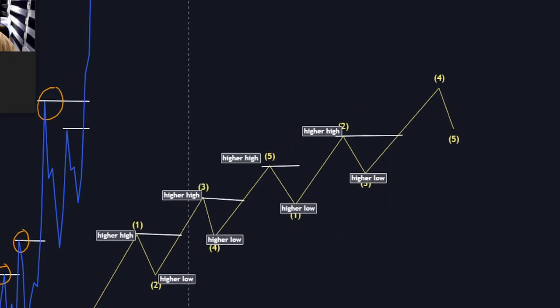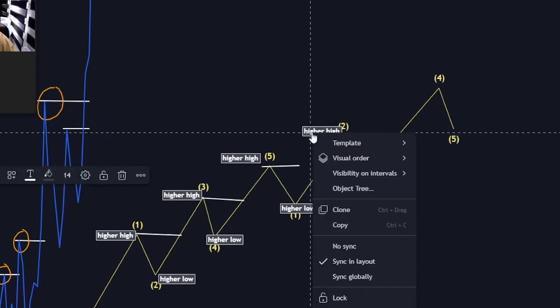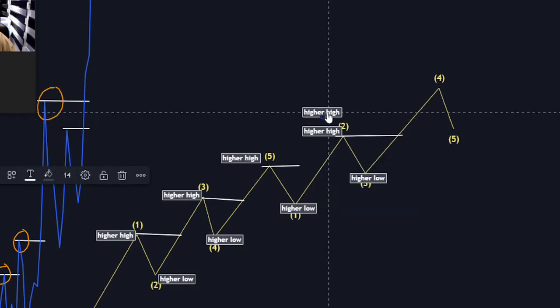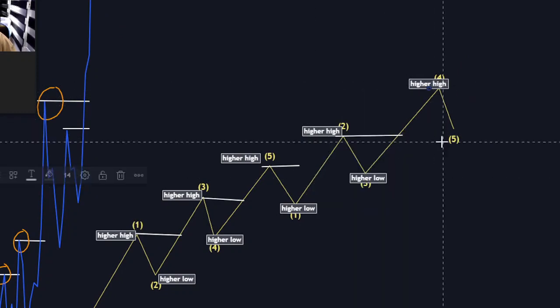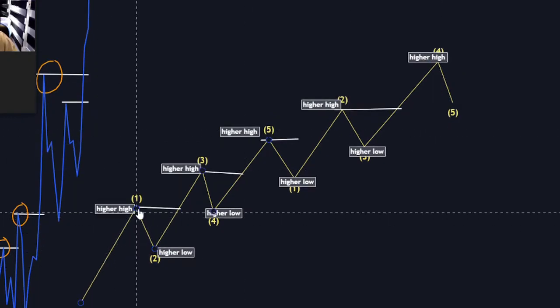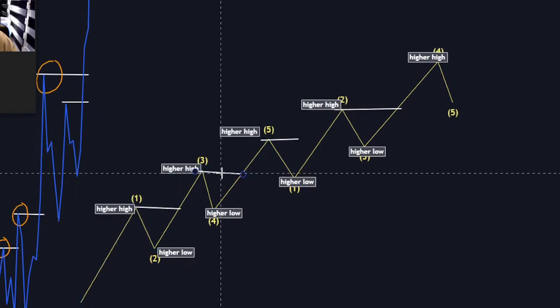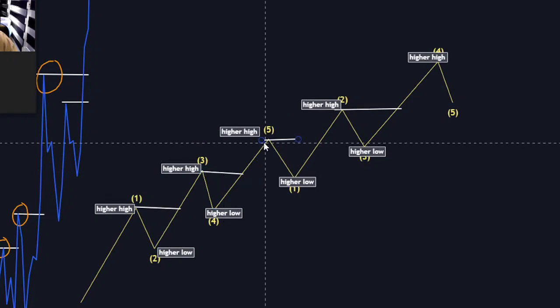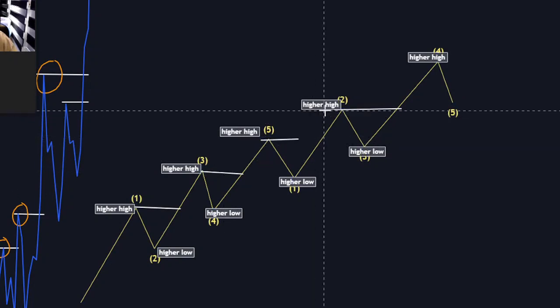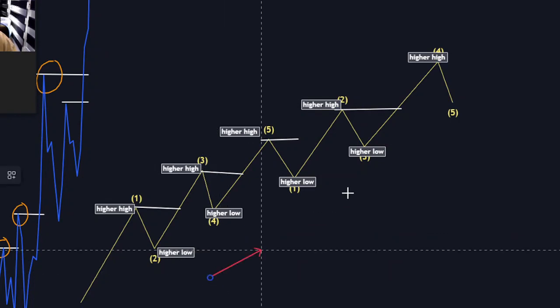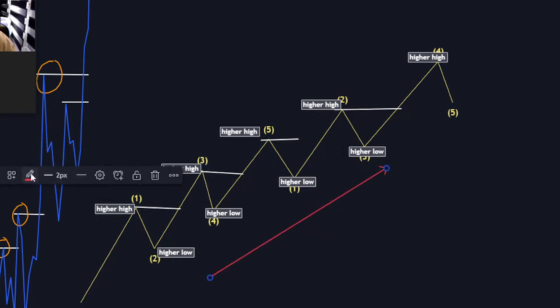So this is the market going heavily bullish. It's been breaking these highs, breaking the V part, taking out the highs. So yes, the market is very bullish.